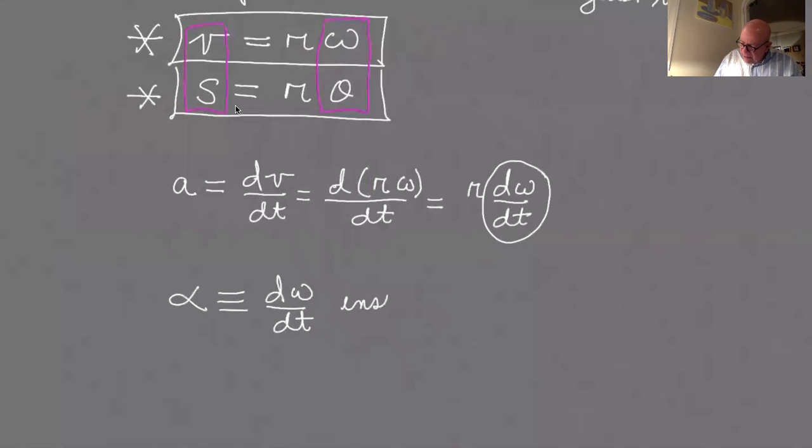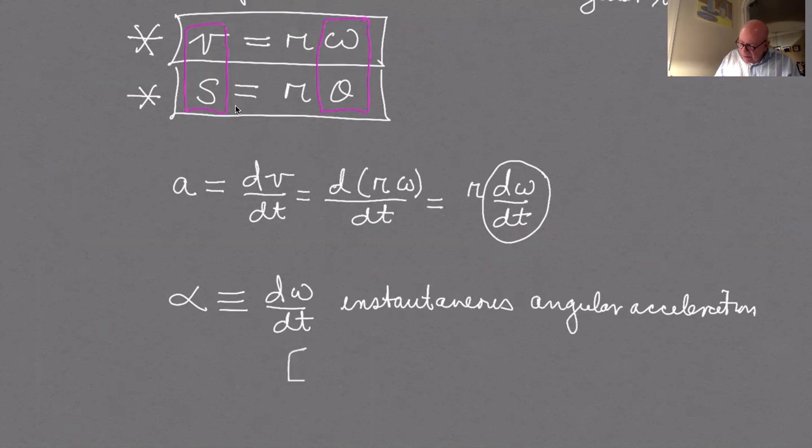So this is going to be the instantaneous angular acceleration. Okay. The units now: we know that the units on omega are going to be radians per second.